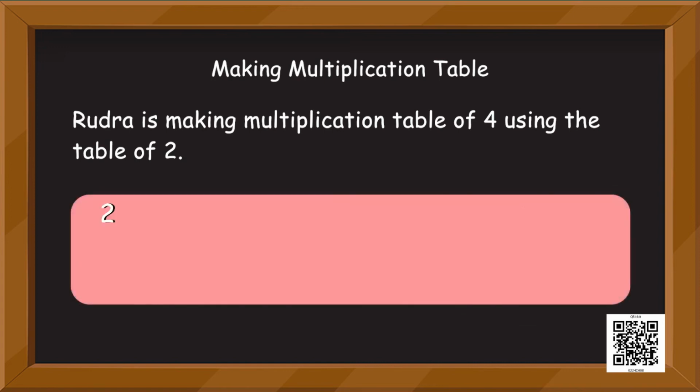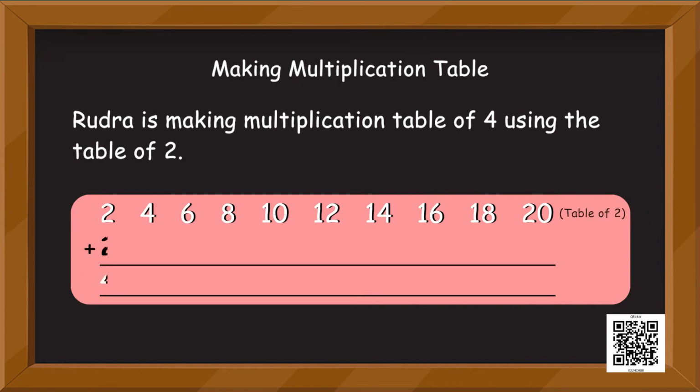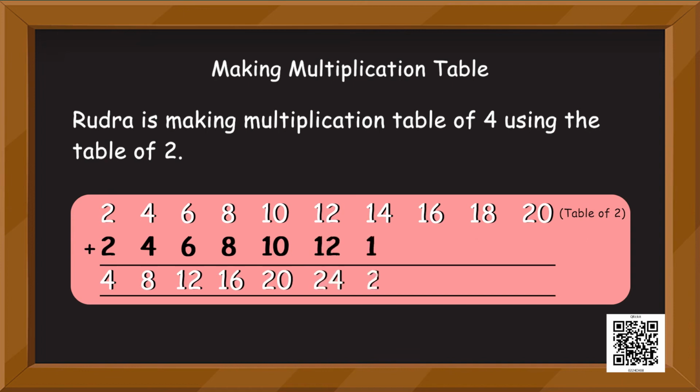So, as I can see, Rudra has added the table of 2. So 2 plus 2 is equal to 4. 4 plus 4 is 8. 6 plus 6 is 12. 8 plus 8 is 16. 10 plus 10 is 20. 12 plus 12 is 24. 14 plus 14 is 28. 16 plus 16 is 32. 18 plus 18 is 36.